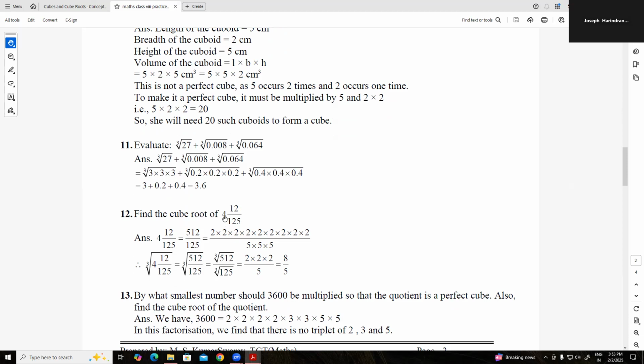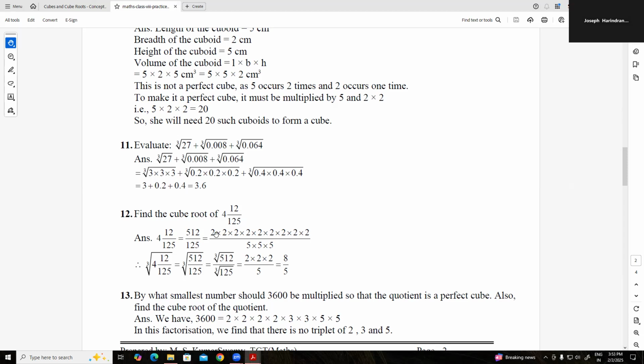How do we do that? We first multiply 4 into 125 and then add 12 to the resulting number. If you multiply 4 into 125, you get exactly 500. If you add 12 to that, you get 512. The denominator remains the same, 125.